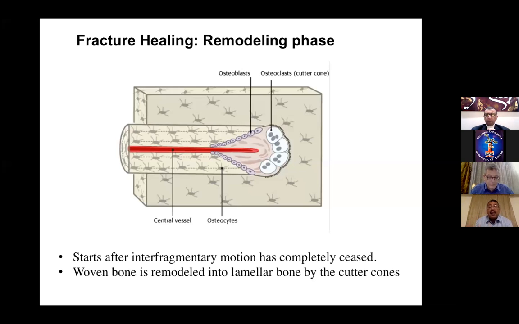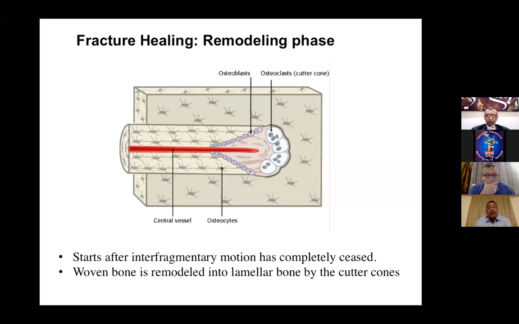Only after complete stabilization of the bone, when there is no interfragmentary motion, the remodeling phase will start. And the remodeling phase will aim at two main functions. The woven bone will be remodeled into lamellar bone by what's called the cutter cones. This diagram shows the cutter cone.